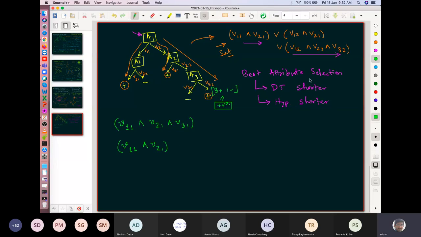According to the selection procedure by which I go, I prefer this one. Why do I prefer this one? See, this is attribute 1 value, this is attribute 2 value, and this is attribute 3 value. Similarly, this is attribute 1's value and attribute 2's value. Now, what does ANDing mean? ANDing means you are restricting.